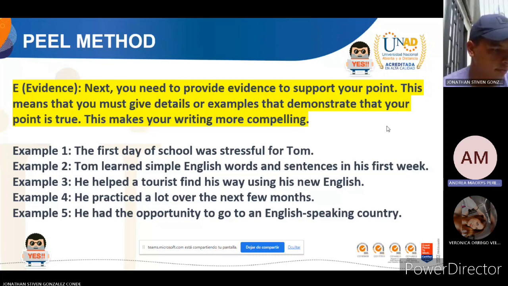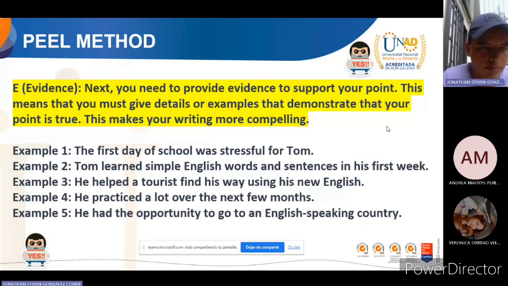I consider the examples are true because they support the point sentence. I describe how he felt.